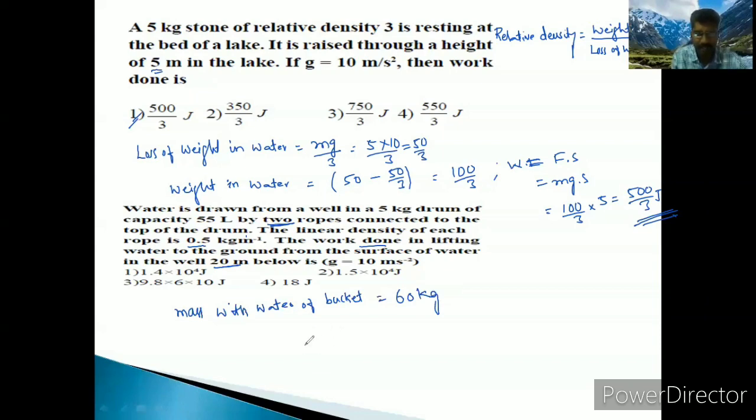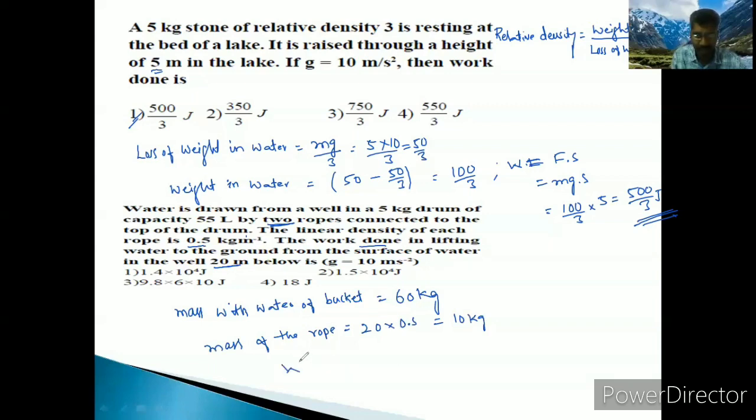Next, we can write the mass of the rope is equal to what? Length into density. Length how much here? 20. Density how much? 0.5. We can get it as 10 kg.